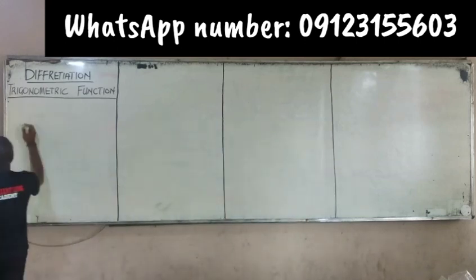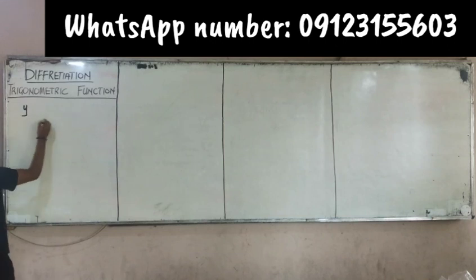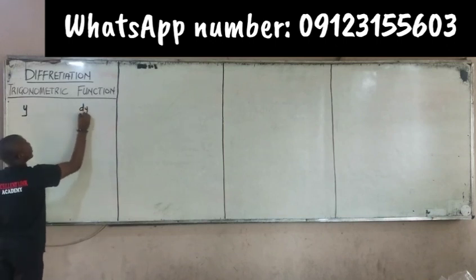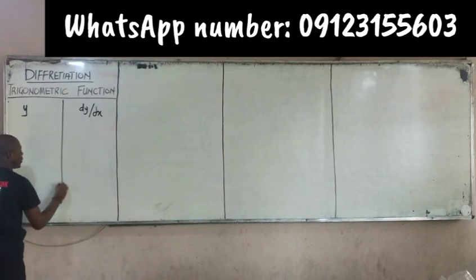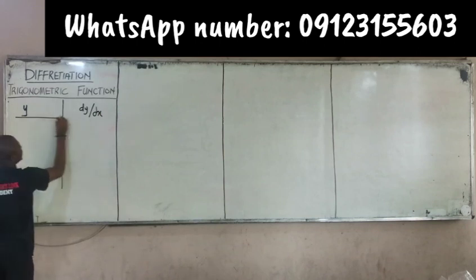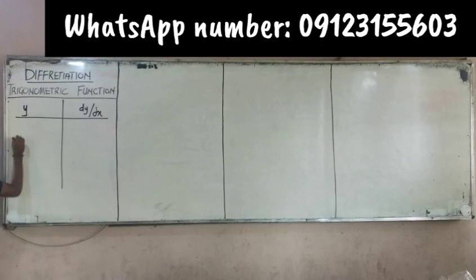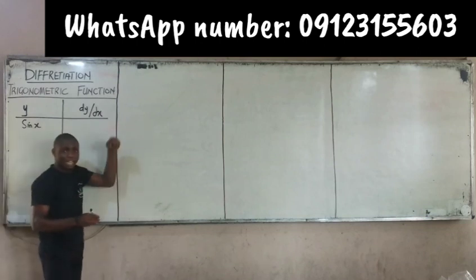Let's say I'm given y and dy over dx. So I have a table this way, right? Let's say y is equal to sin x.